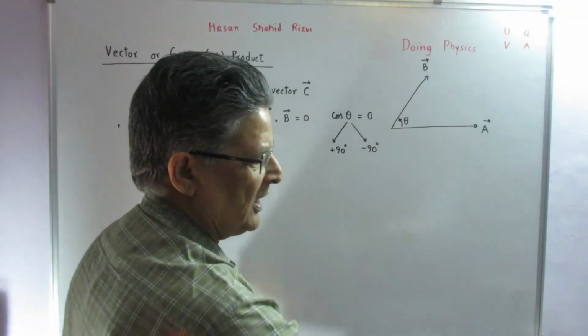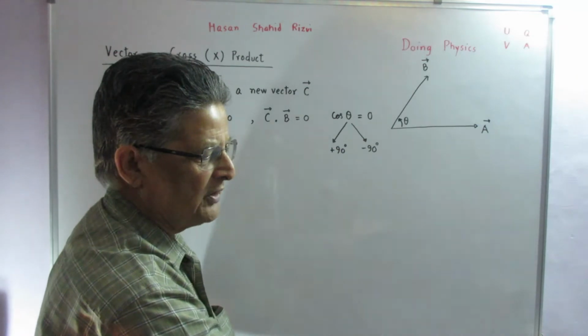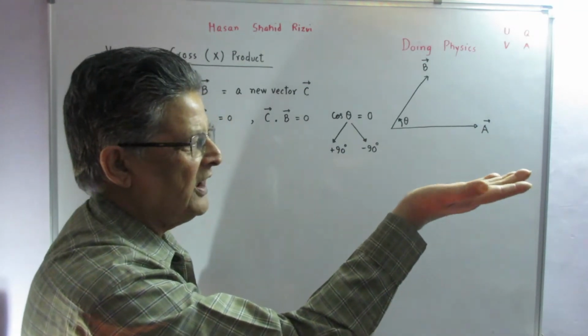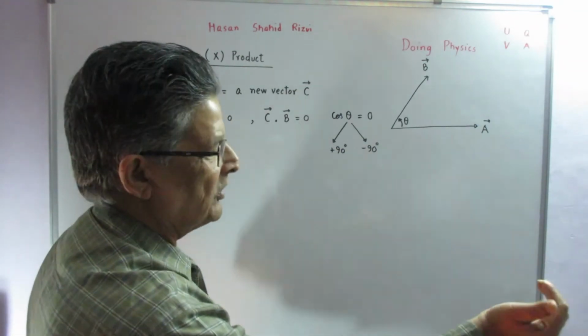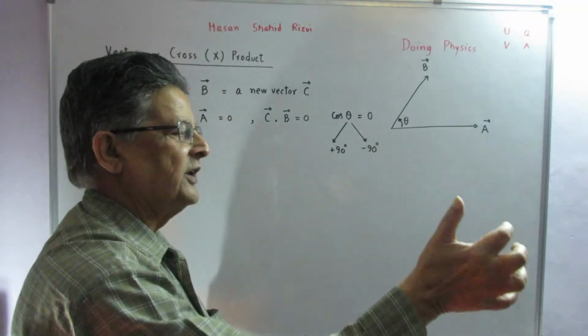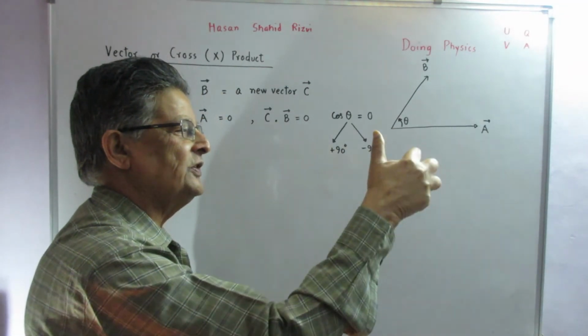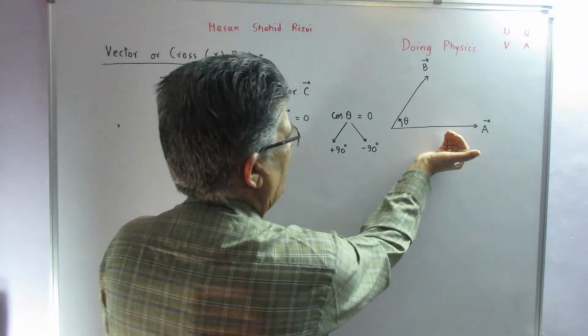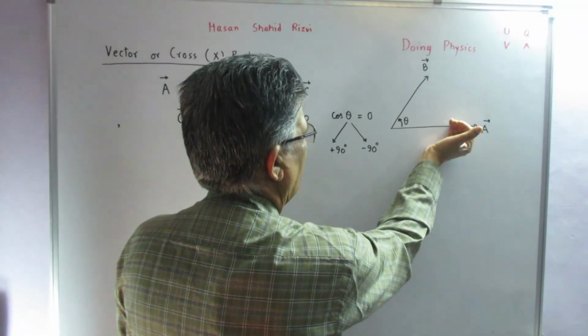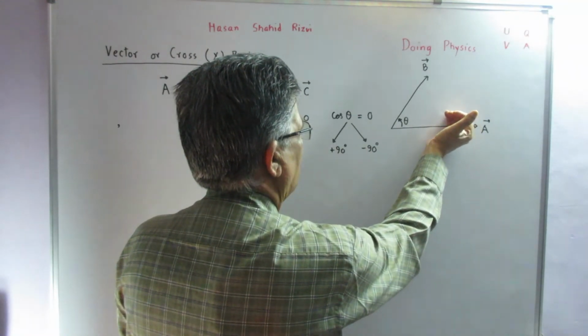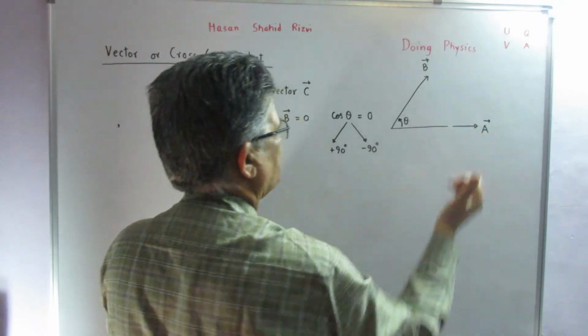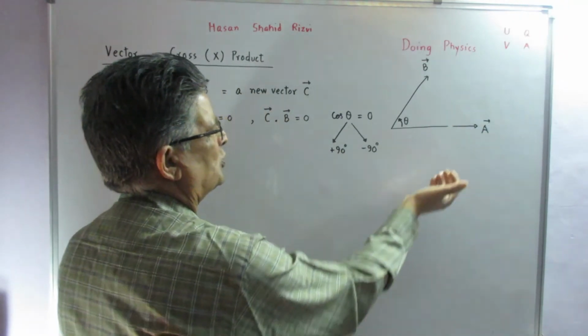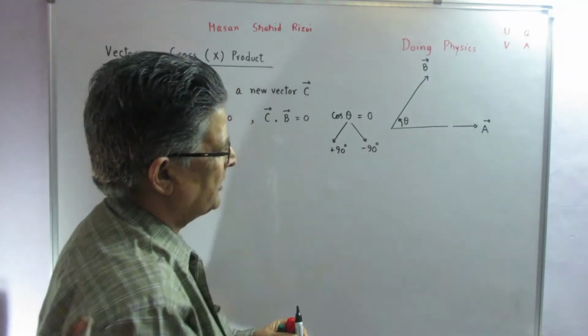For this, I have a right hand and a set of fingers, and I curl my fingers like this, and then I rotate the first vector in the string of vectors a and b towards the second vector in the same string.